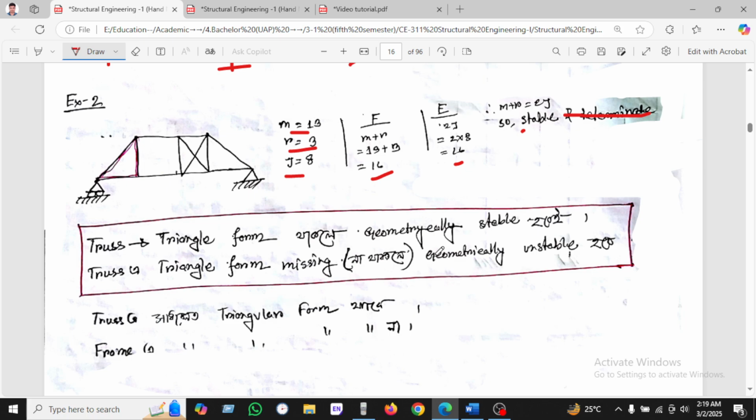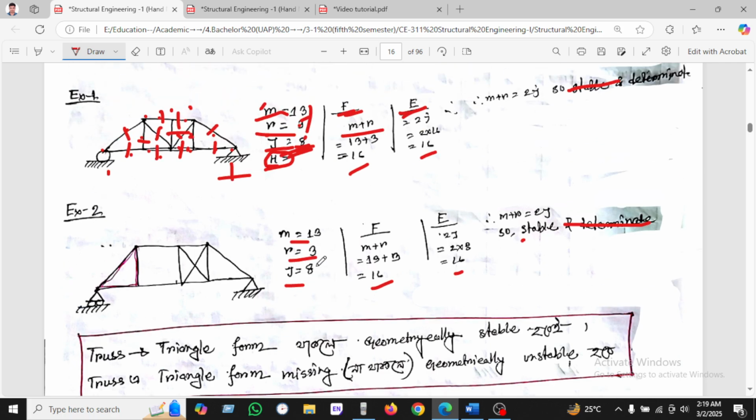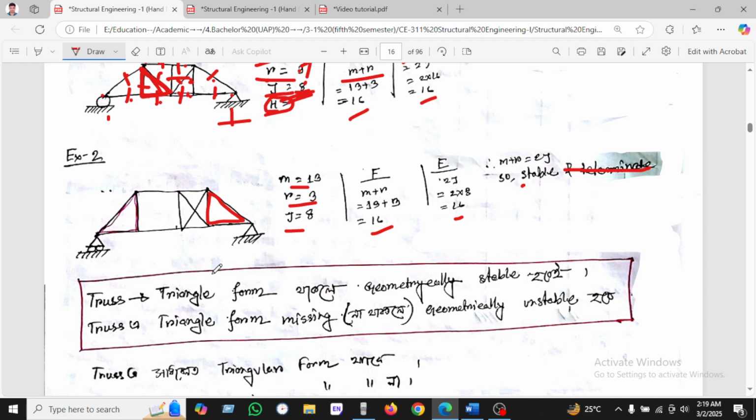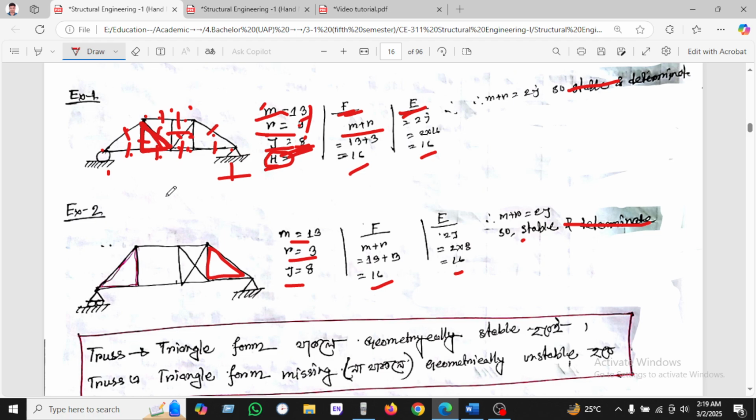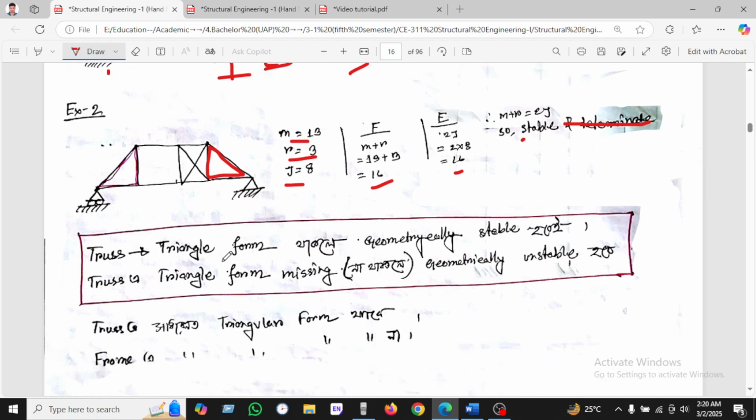Another thing to remember: if the truss forms triangles, it will be geometrically stable. This is important. If there is no triangle form, then the truss will be unstable.